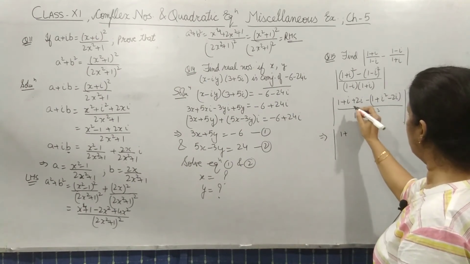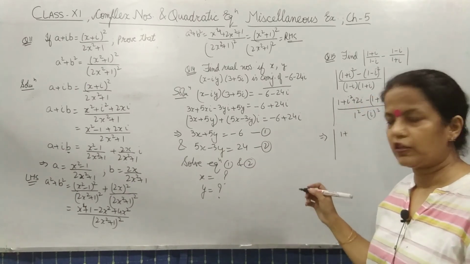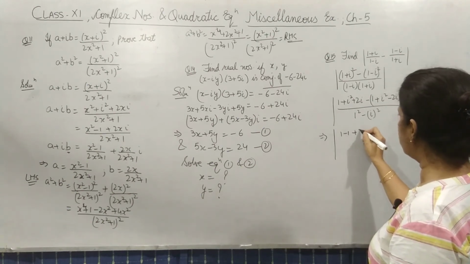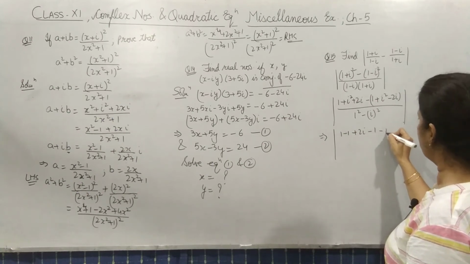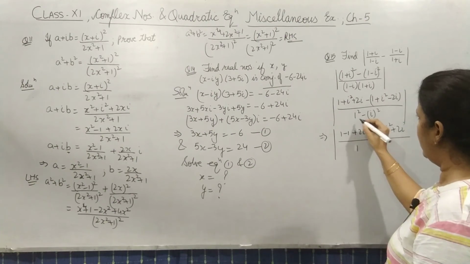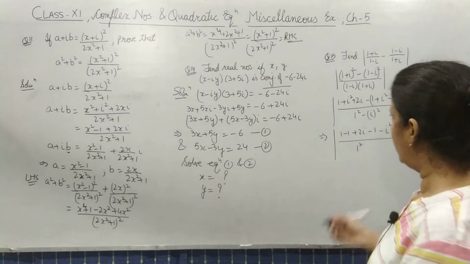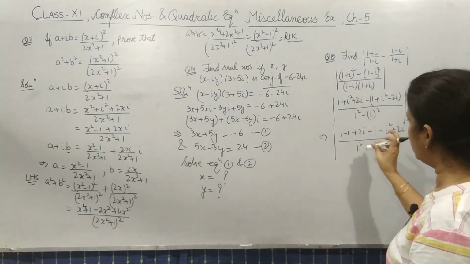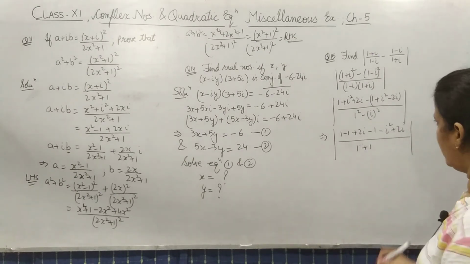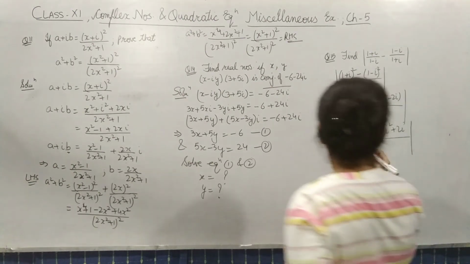1 plus iota square, iota square is minus 1, so it will come as minus 1 plus 2 iota. Open it, and 1 minus iota square, iota square is minus 1, so minus minus will become plus, so it will come as plus 1. Okay, now let's see the terms which can be cancelled out.